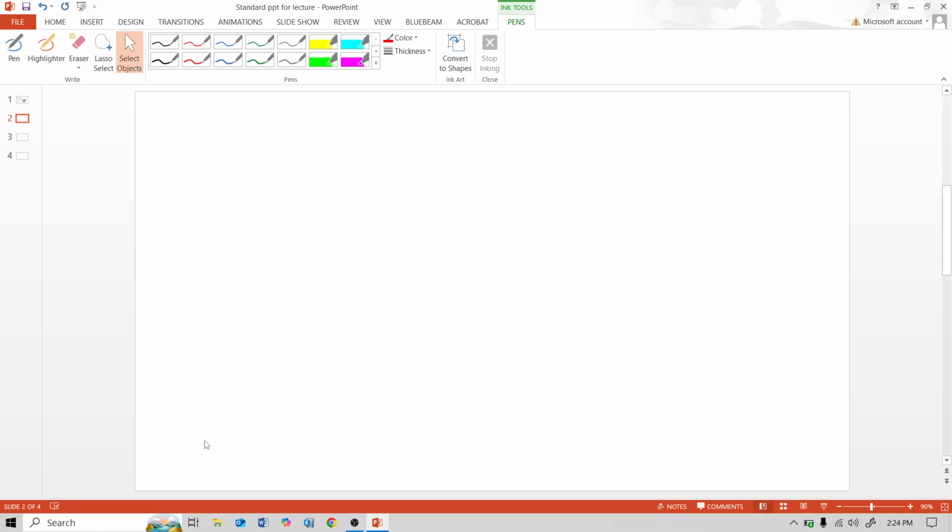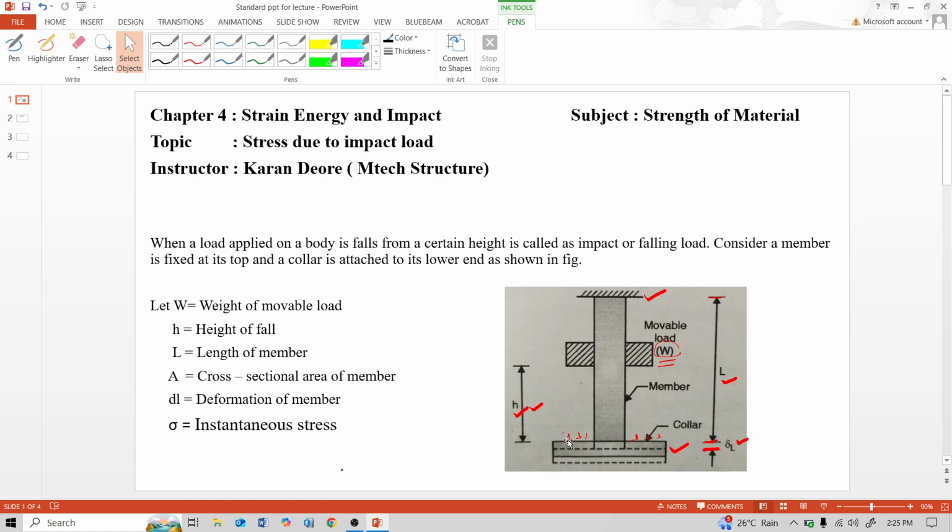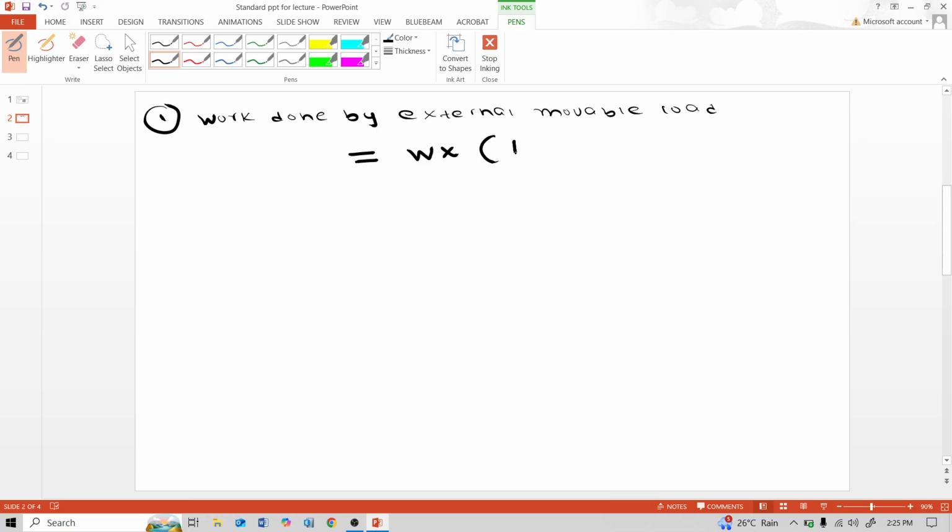The movable load is W, multiplied by the deformation, which is H plus delta L. Remember, this H also comes in this formula.